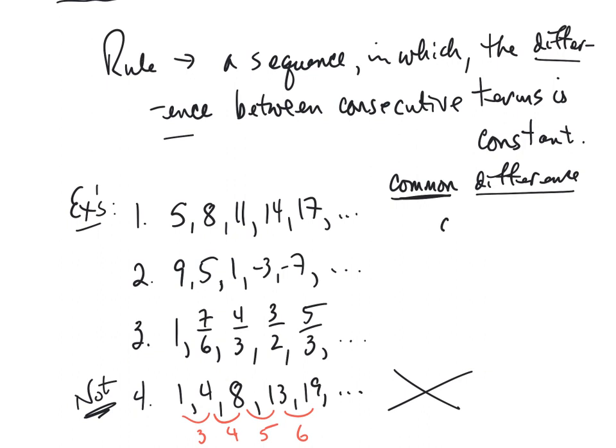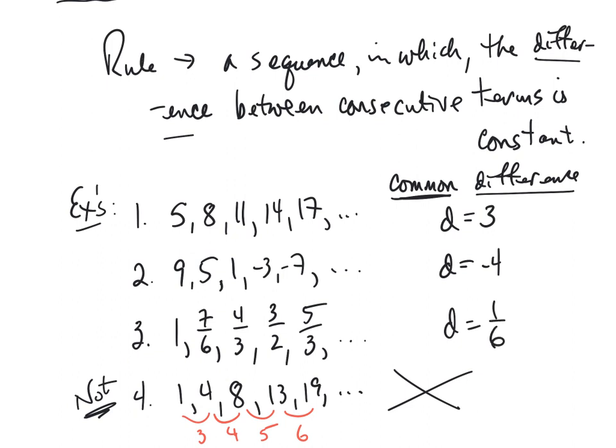The letter we use to represent this common difference is D. So back to my first example, 5, 8, 11, 14, 17. The common difference is 3. Take any one of the terms, subtract the one that comes before it, we always get 3. My second example, no matter what you pick, -3 minus 1, 1 minus 5, 5 minus 9, we always get -4. And as we have already said, for the third example, the common difference is 1/6.